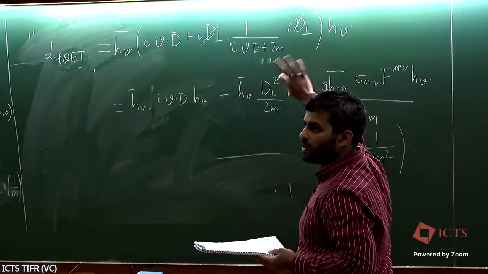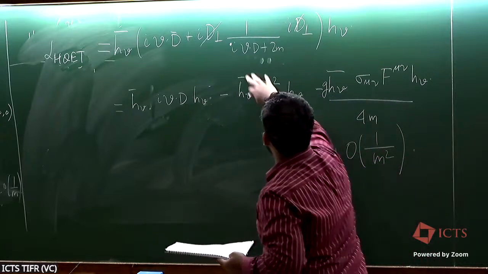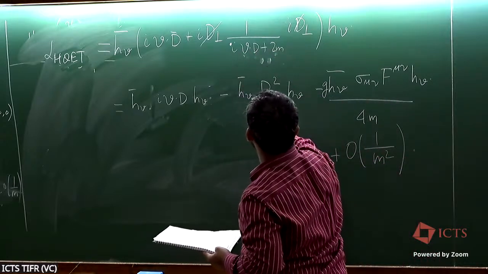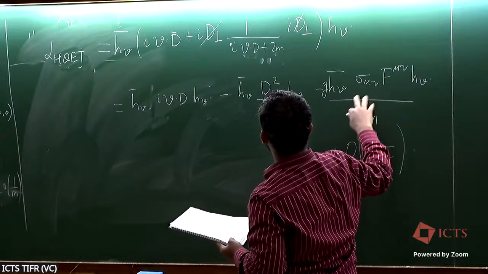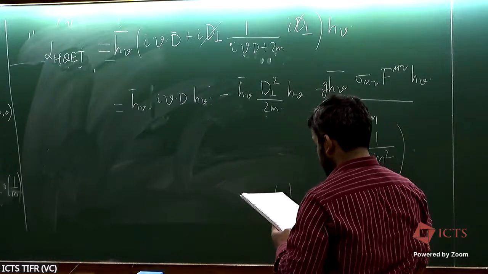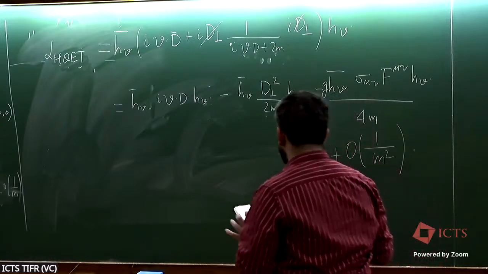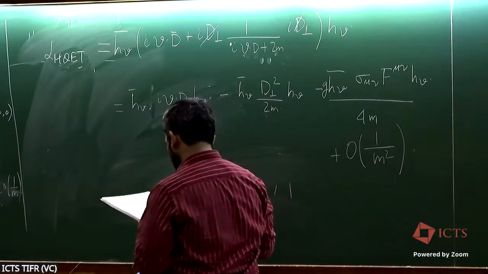I did nothing else, just the Taylor expansion. And the first term, if I just take 2m, this is the term I get. This will be the term I get after expanding this v dot D's together. You have to play a bit of massage here, and things are there in my notes. I would leave it.